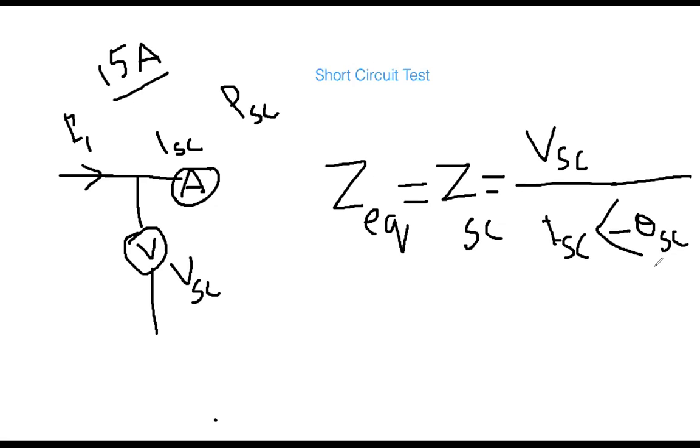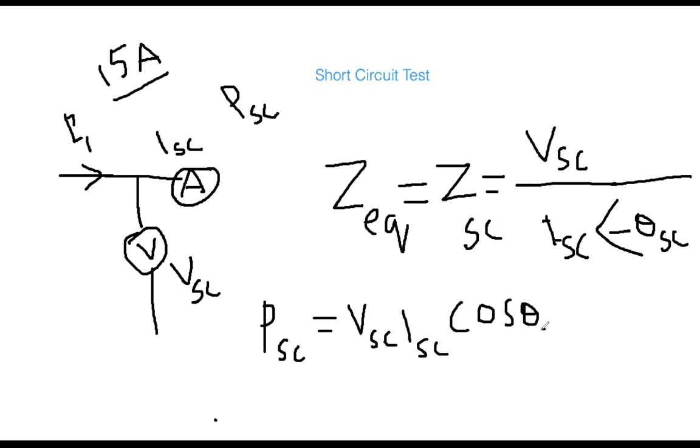Now the question is how to get that angle theta. Can you guess how you can get it from these three ratings? You have VSC, the wattmeter rating, and ISC. So what you can do, everybody say, I am writing the equation: the wattmeter reading equals VSC multiplied by ISC multiplied by cosine of theta SC.